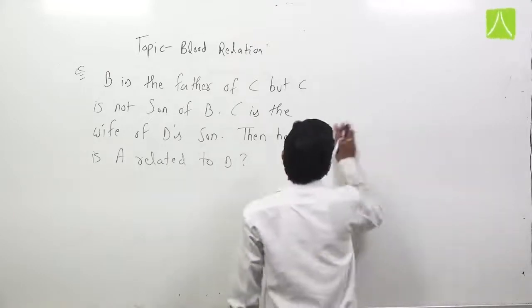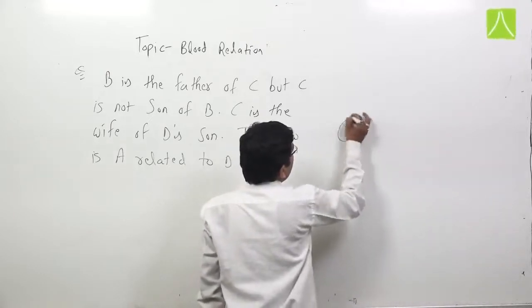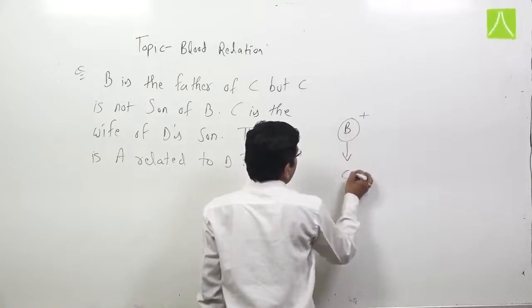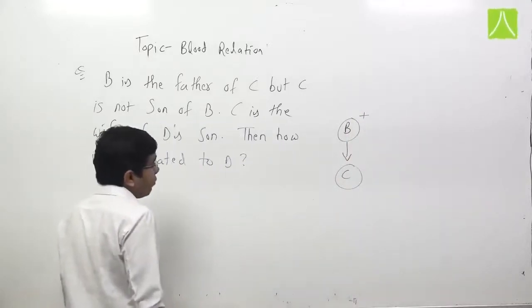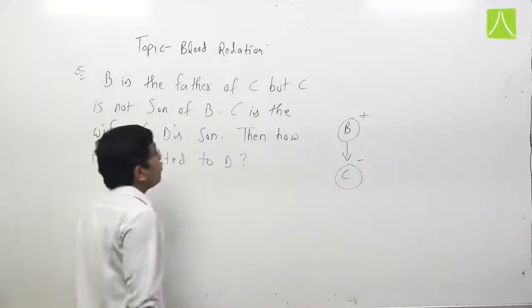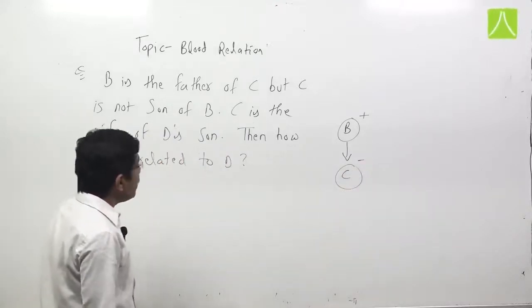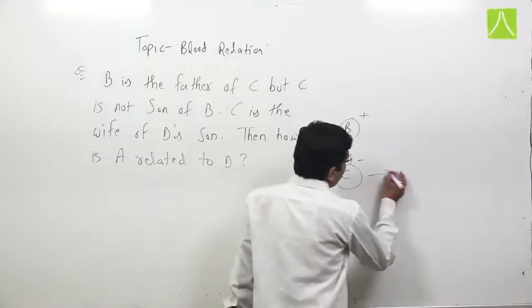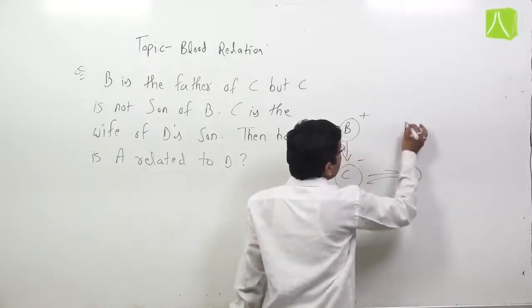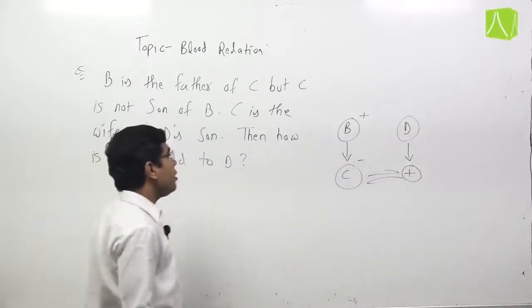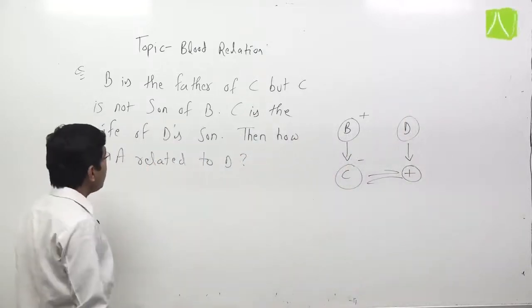B is the father of C, but C is not son of B, which means C is the daughter of B. C is the wife of D's son.